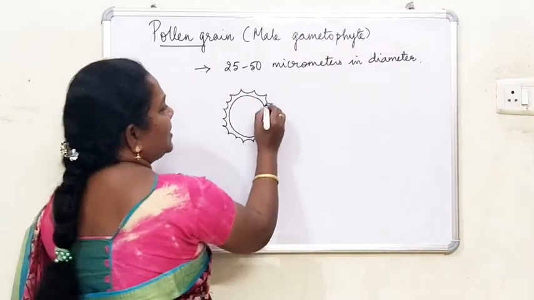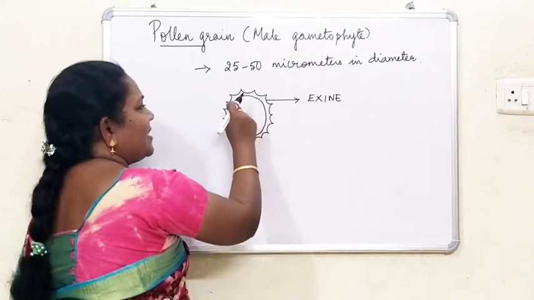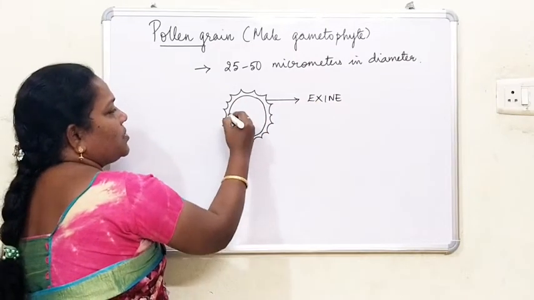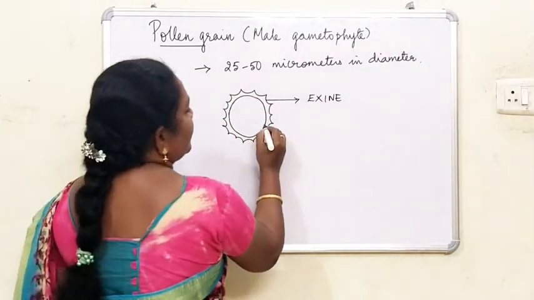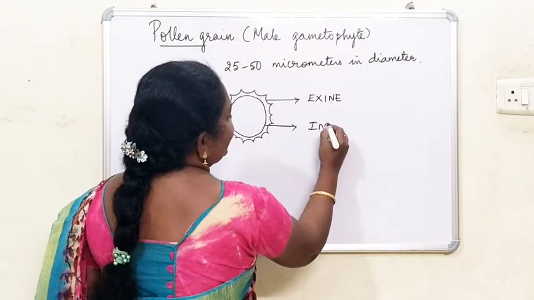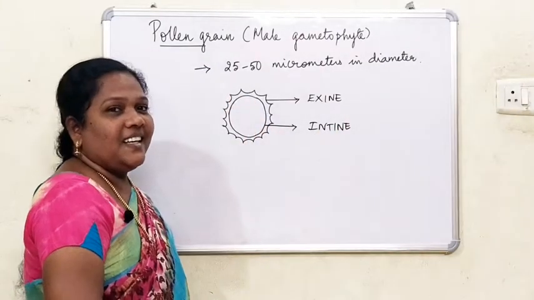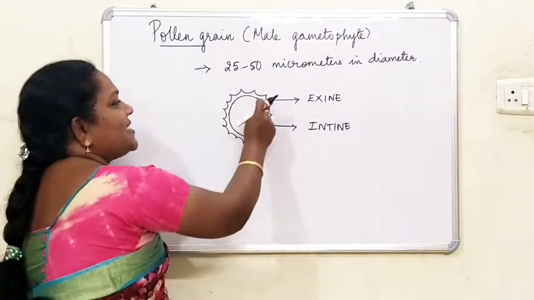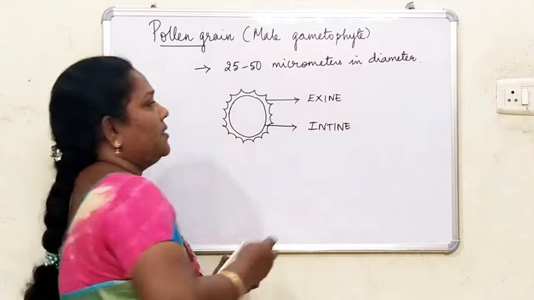The outer layer is called exine and the inner layer is thin and continuous. This inner layer is called the intine. So the exine is a hard and protective layer, and it consists of Pulanen.